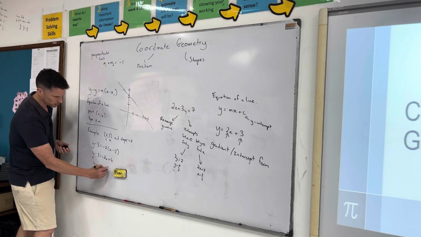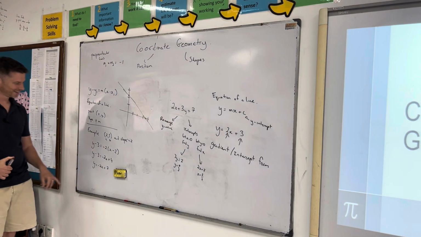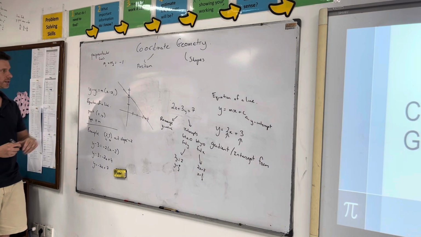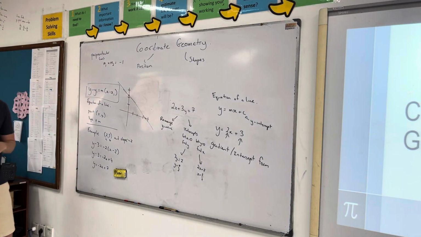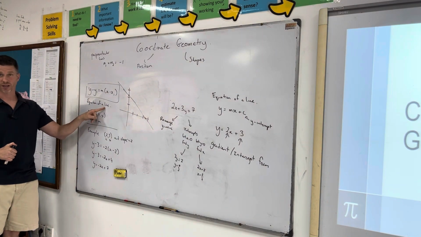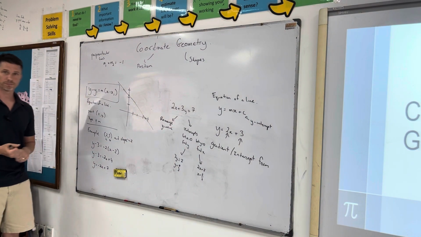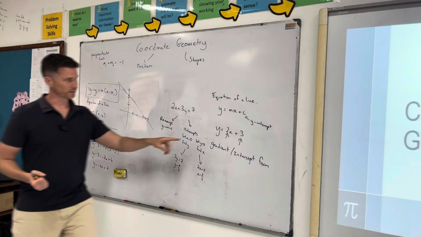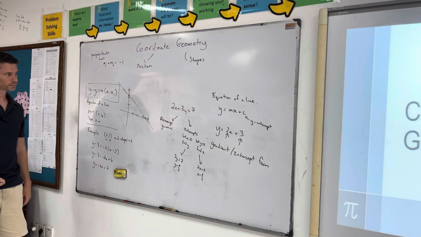It crosses the y-axis at 7. So that's another formula that you may use, the equation of the line formula or point slope formula. So there's two main ones. This is called gradient intercept form.